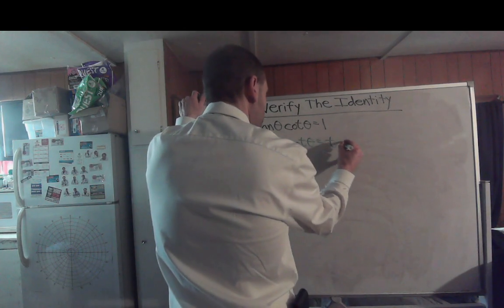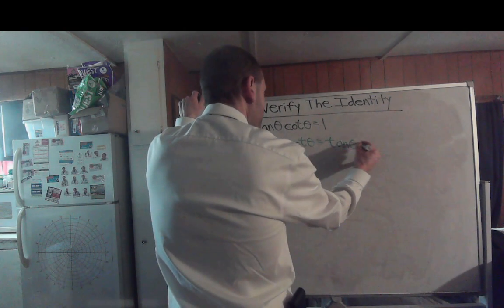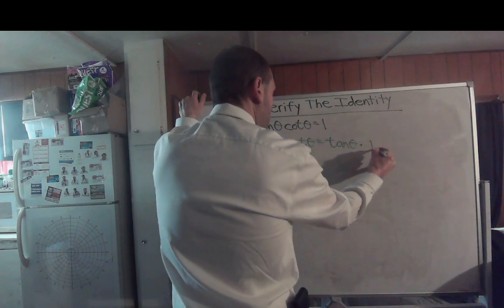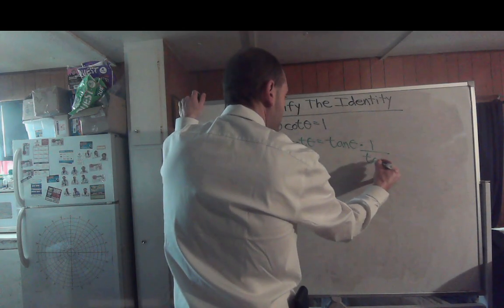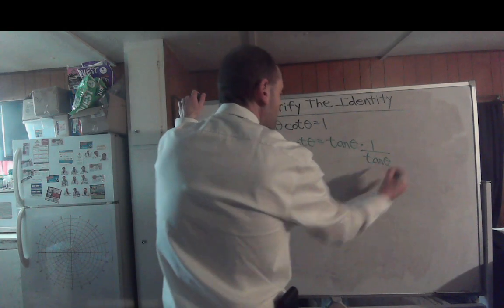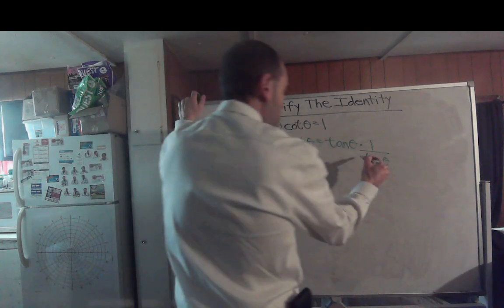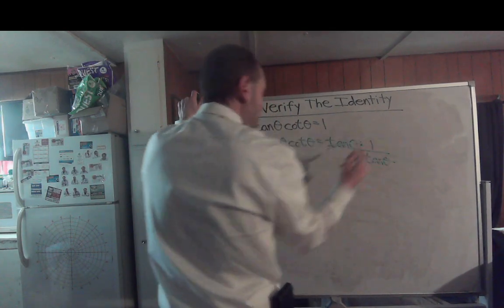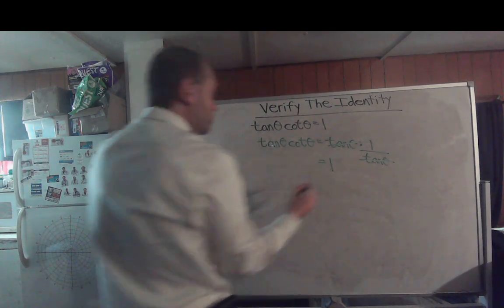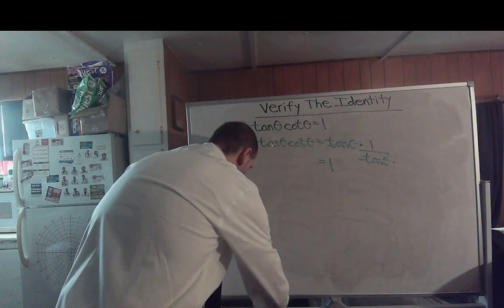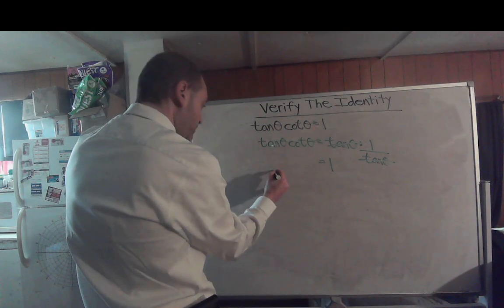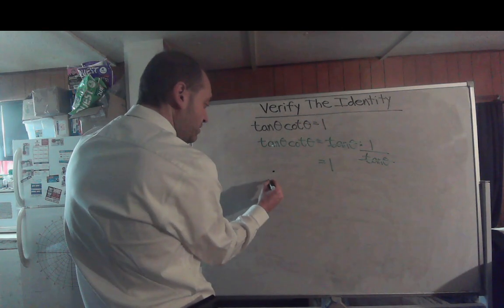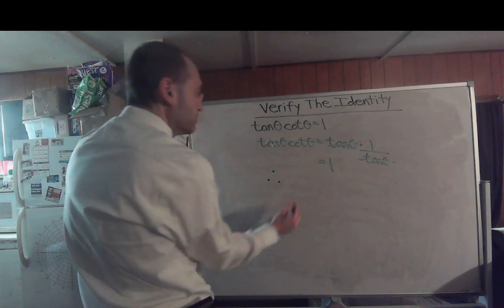So that's going to equal the tangent of theta times 1 over the tangent of theta, which would cancel those out, therefore giving you 1. So what you want to write is a therefore with those three triangles.